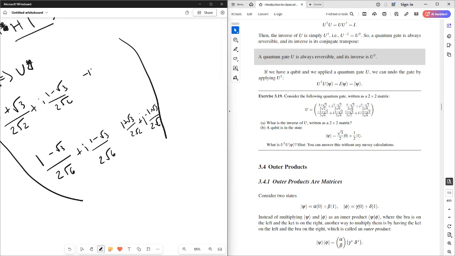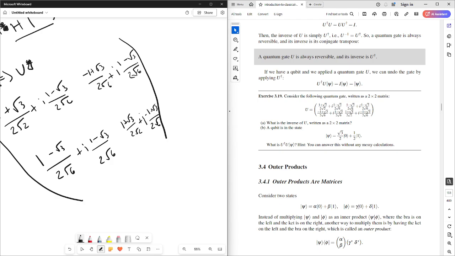So minus 1 plus square root of 3 over 2 square roots of 6 plus i times 1 minus square root of 3. Oh, Christ. Let's just start over on this little section. i times 1 minus square root of 3 over 2 square roots of 6.